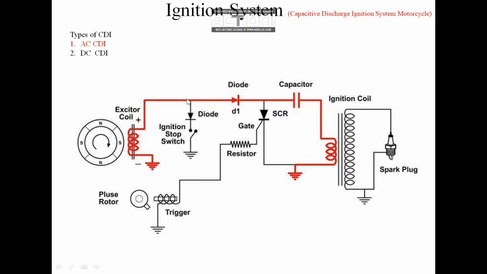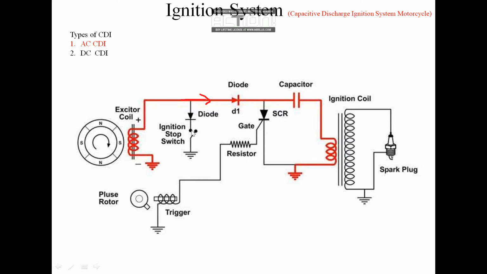Till here we have reached, but here two branches come, one going downward and another going in this direction. What does it indicate? Whenever the ignition switch or key switch is open, your current flows in this direction.